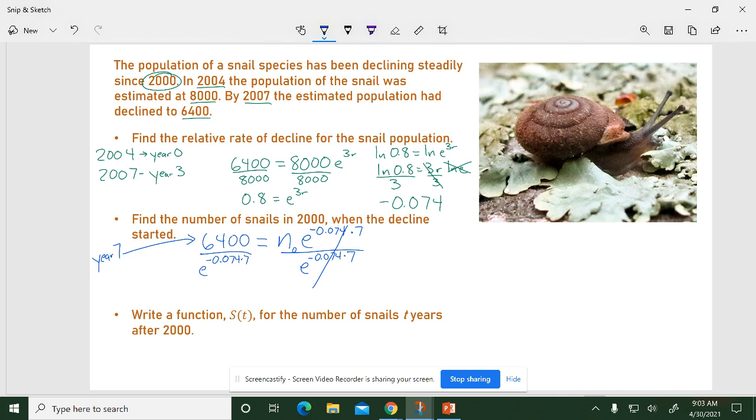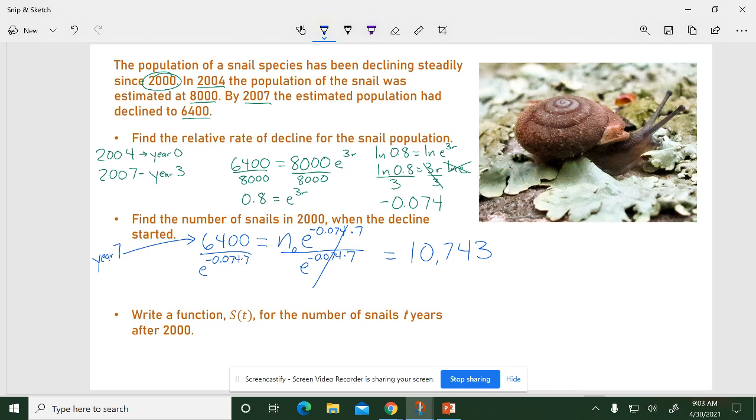When you punch that into a calculator, you get approximately 10,743 snails. So when they noticed this decline in the year 2000, there were 10,743 snails of this species. By 2004, it was down to about 8,000. By 2007, it was down to about 6,400.